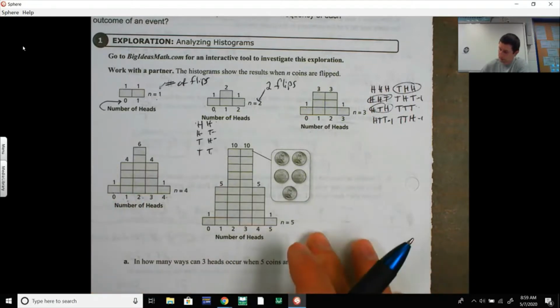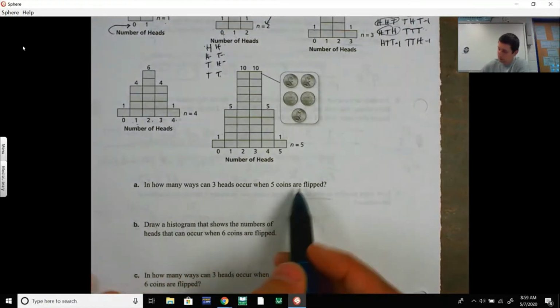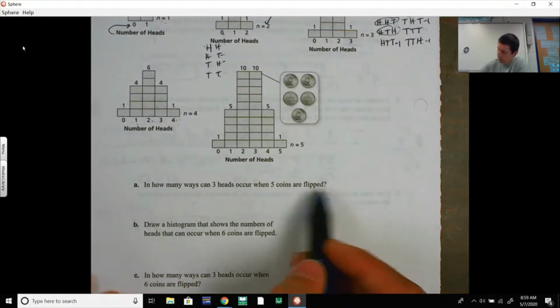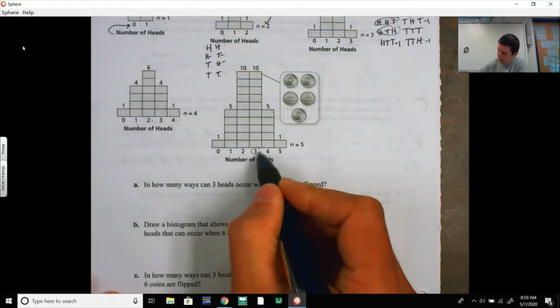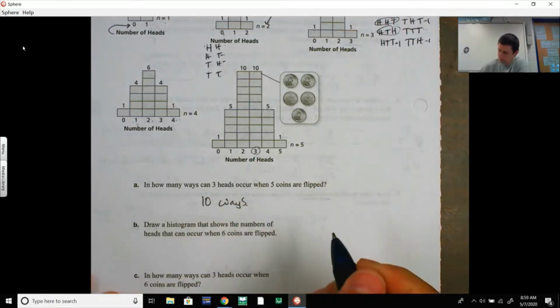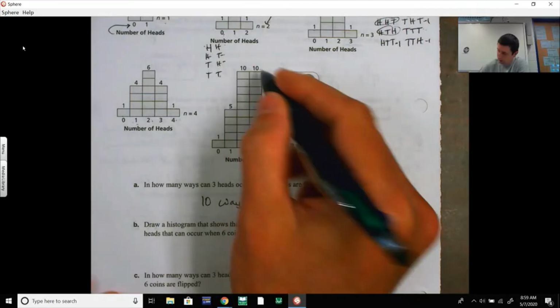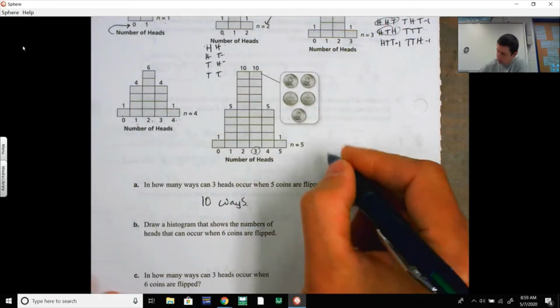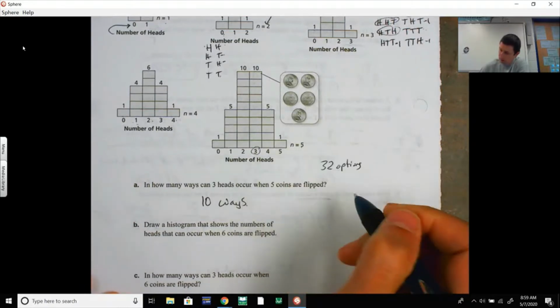So question A is, how many ways can 3 heads occur when 5 coins are flipped? So 5 coins are flipped, 1, 2, 3, 4, 5. 3 heads can occur 10 ways. Out of the total here, we have 10, 20, 30, we have 32 options. 2 to the 5th power, 32 options.